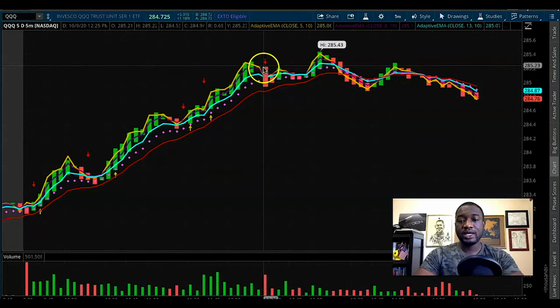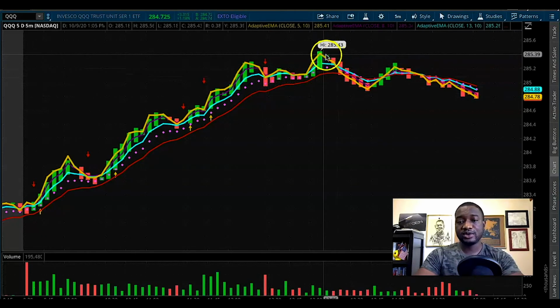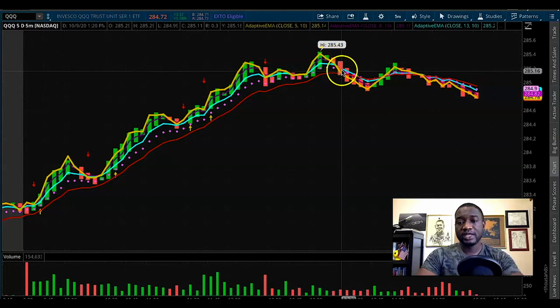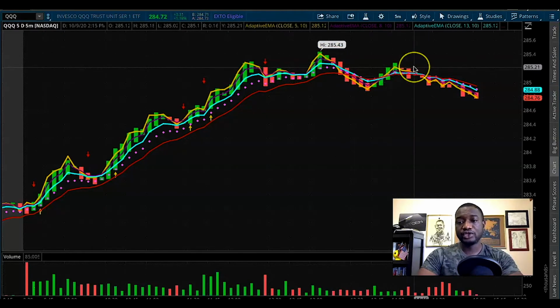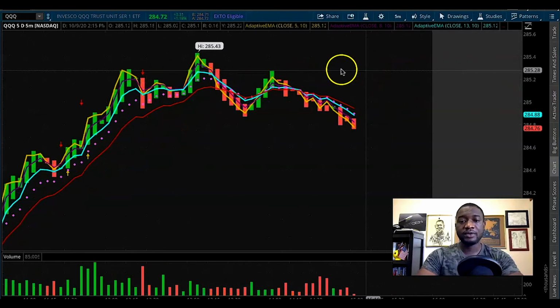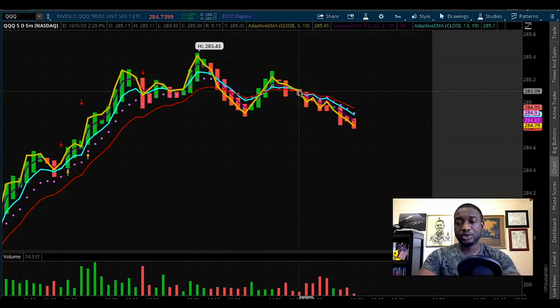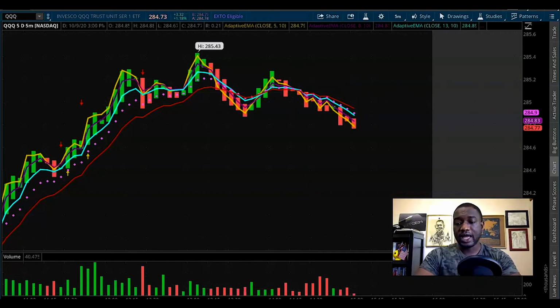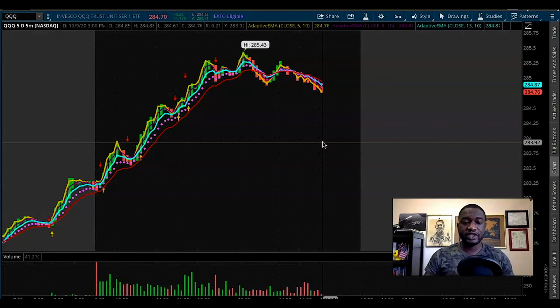So around here would be a good time to get out, or you can just wait until it crosses over, then you can get out. Then you can wait to see when the chart will reverse again, right? And then around this area would be a good time to take a short position, to go short on the stock as well. So I hope you understand what I'm trying to say in the video.